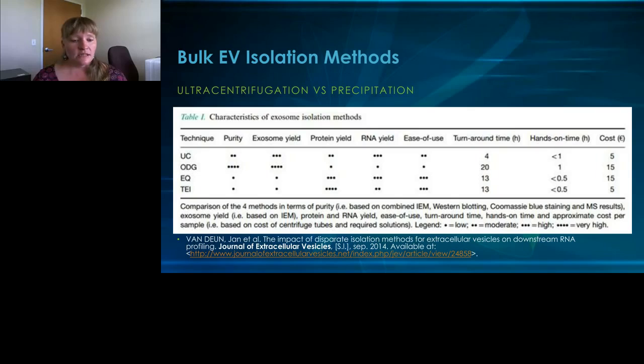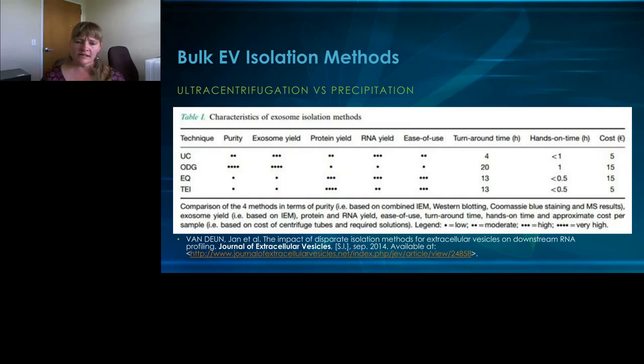The UC with the OptiPrep gradient provided the highest purity exosomes, noted here and here. And the UC provided the second highest yield, located here. Although more labor intensive, the UC methods both provided better isolation methods.